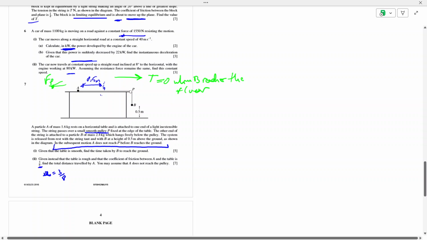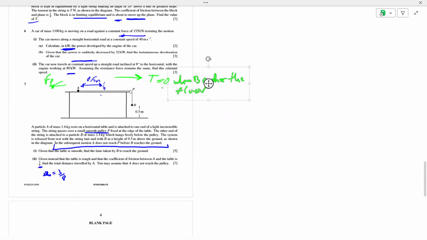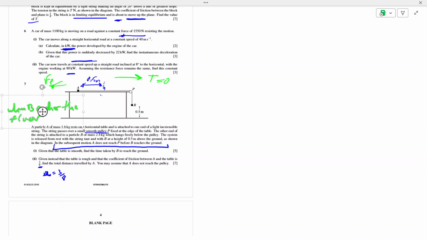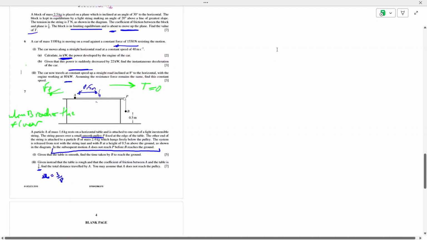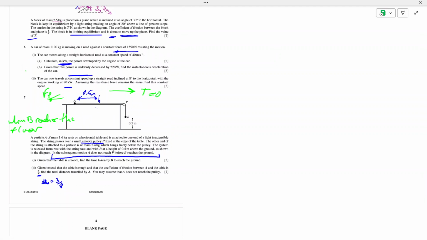Okay, so this is how I'm going to approach this question. First thing that I'm going to do, one, I want to calculate the velocity of A after it has traveled 0.5 meters.